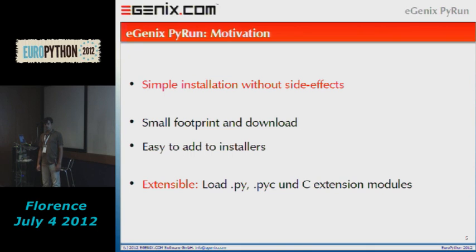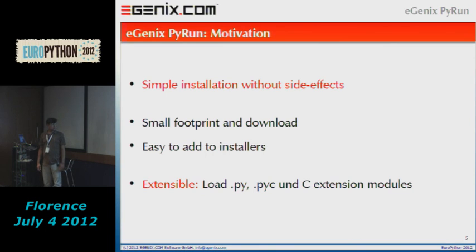Sometimes they have problems with dealing with your stuff. They install things in different paths and in non-standard locations. So ideally, you just want to avoid all these hassles, and nowadays disk space is cheap and bandwidth is available too, so it would be better to just ship your whole Python distribution together with your product.